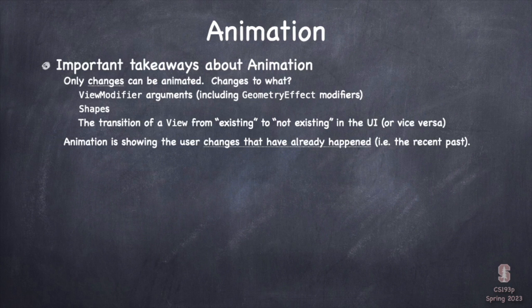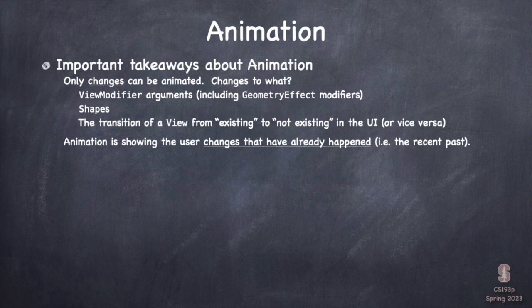Animation is showing you changes that have already happened, and it's just showing them to you over time. This takes some getting used to for people who haven't done asynchronous programming or something like that. You just want to think that if I have some animation that's taking 5 seconds, that's animating the opacity or something, that the var that sets the opacity is somehow changing over time.